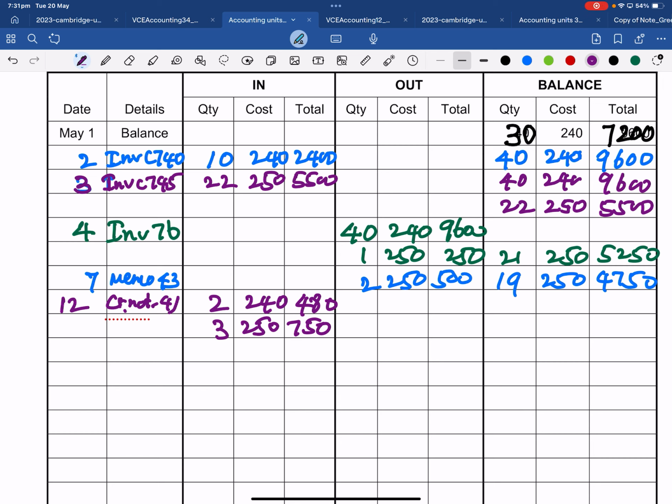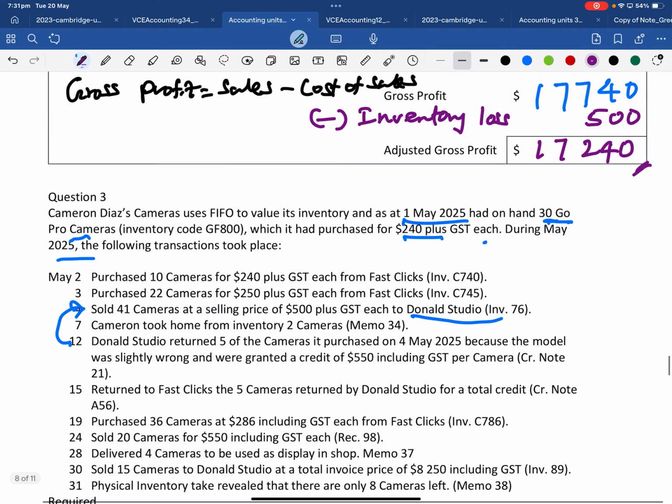Then what is our balance? 2 at 240 and 22 at 250. Yep. You guys are okay with that? Right. Next one, guys.